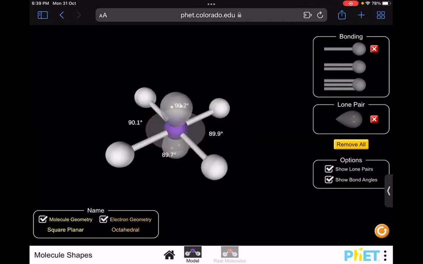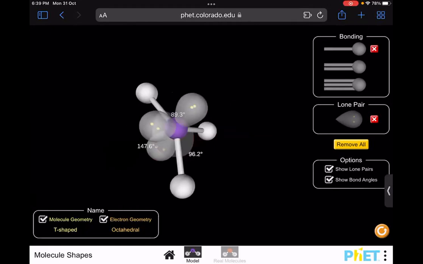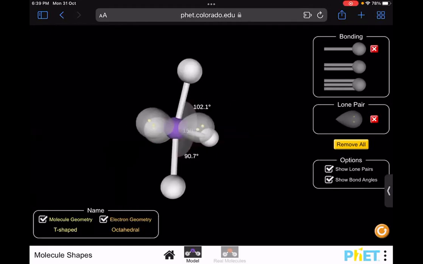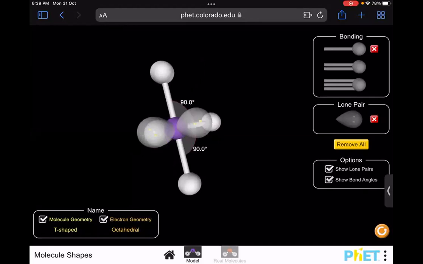Whatever geometry you are getting, square planar is sp3d2 hybridization, not sp3. Only complexes have dsp2 hybridization. Then you are removing one thing and adding one more, then again it will become T shape. 3 bond pairs. Suppose you are removing one thing and adding one more, then it becomes linear shape.